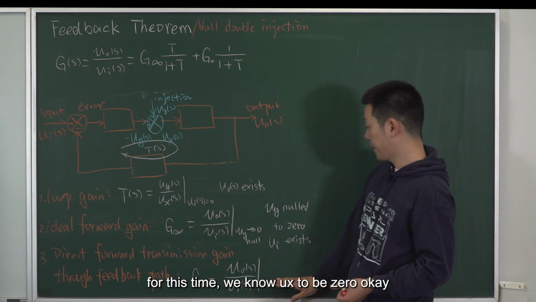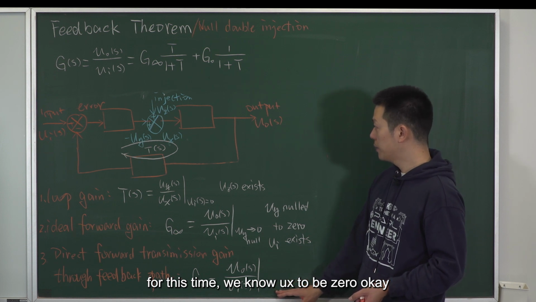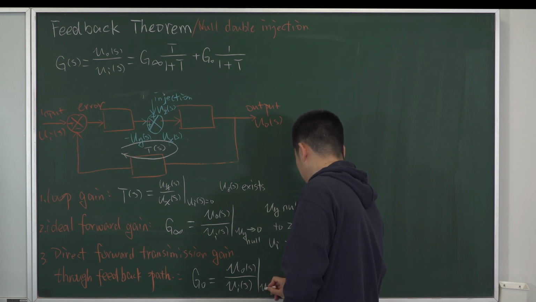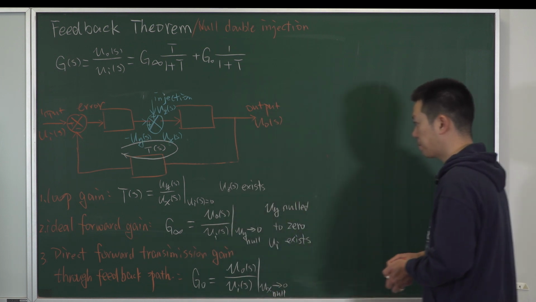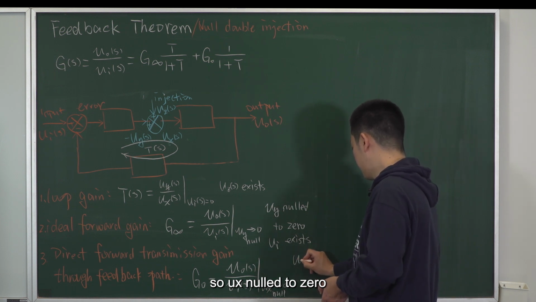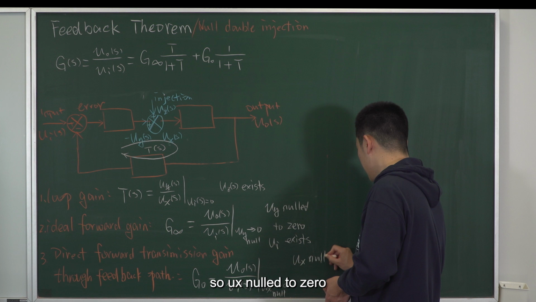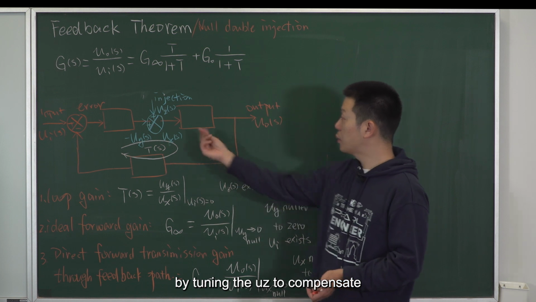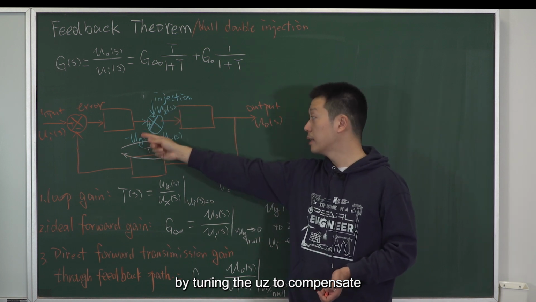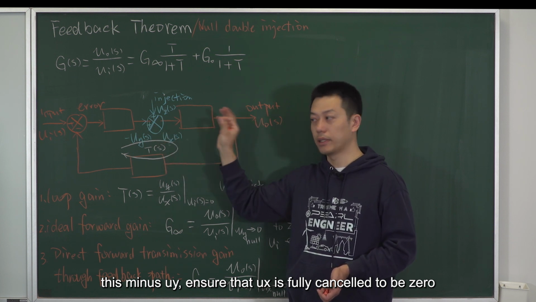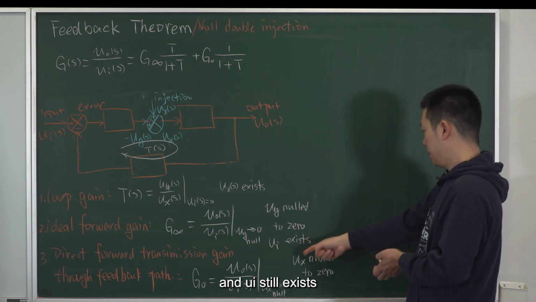This time, we know Ux to be 0, by tuning Uz to compensate this minus Uy, ensuring that Ux is fully cancelled to be 0. And Ui still exists.